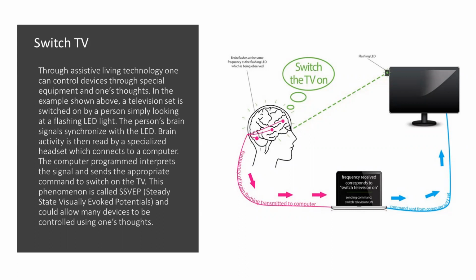In the example shown below, a television set is switched on by a person simply looking at a flashing LED light. The person's brain signals synchronize with the LED. Brain activity is then read by a specialized headset connected to the computer. The computer program interprets the signal and sends the appropriate commands to switch on the TV. This phenomenon is called SSVEP.